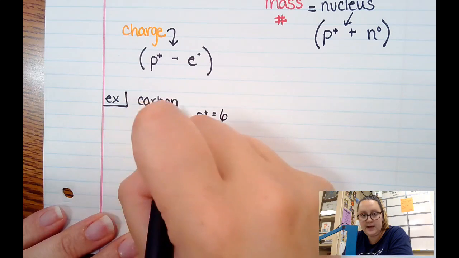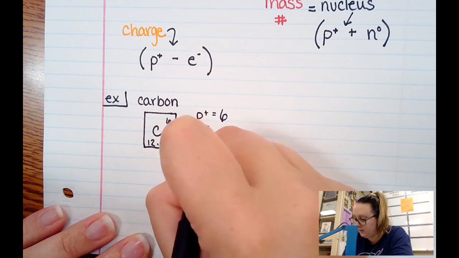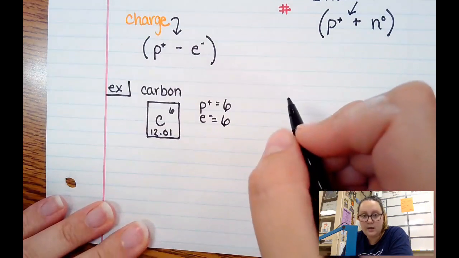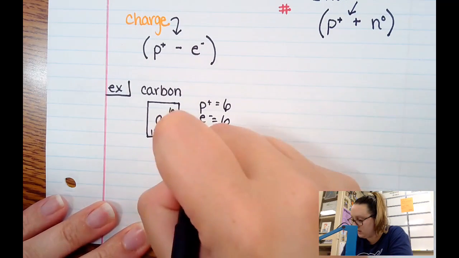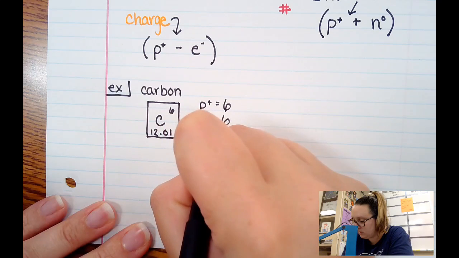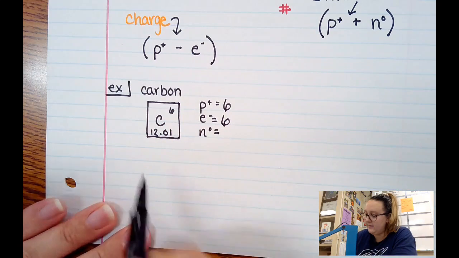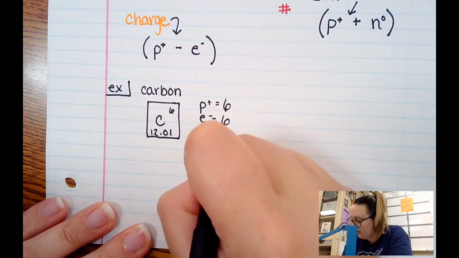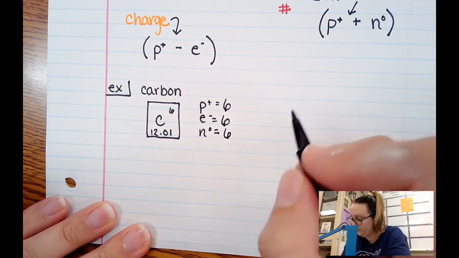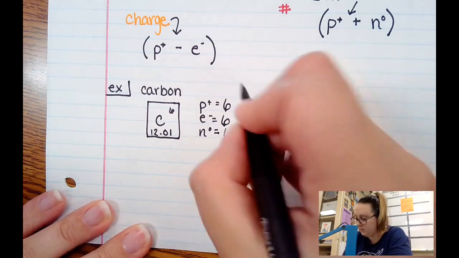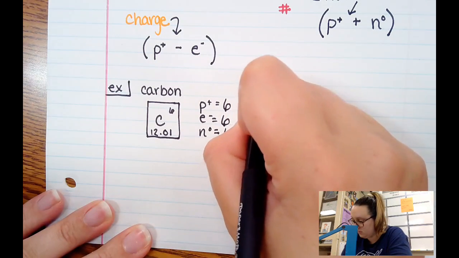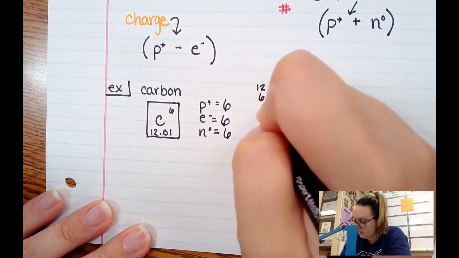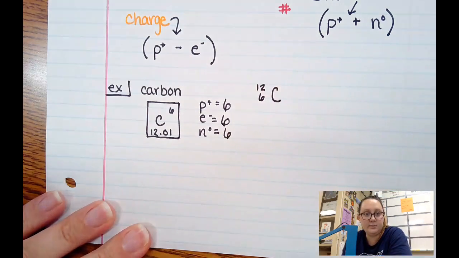I didn't tell you it had a charge, so electrons must be the same. And then for neutrons, if I say the mass is 12, 12 minus 6 is 6 neutrons. So when I write the symbol, that is how I would write the symbol.